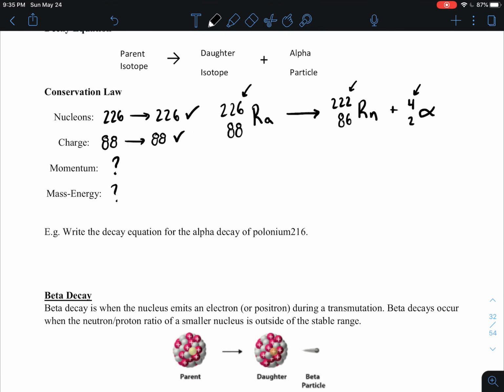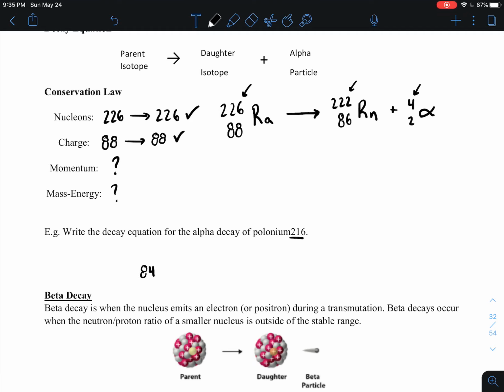All right, so let's take a look at writing an alpha decay for polonium-216. If you look at polonium on your data sheet, we see that polonium has a number of 84. So 84 would be the number down below.